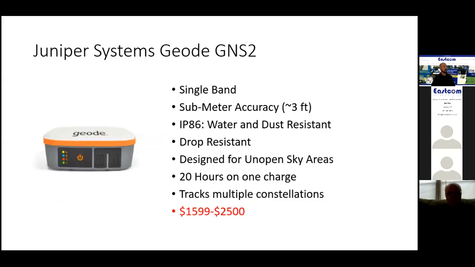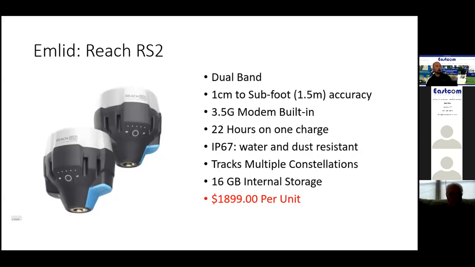Okay, we have another unit called the Geoid. Now, this is sub-meter in real time, no correction. This unit will achieve sub-foot in real time without any correction. So you don't need an internet connection, no phone, no anything.